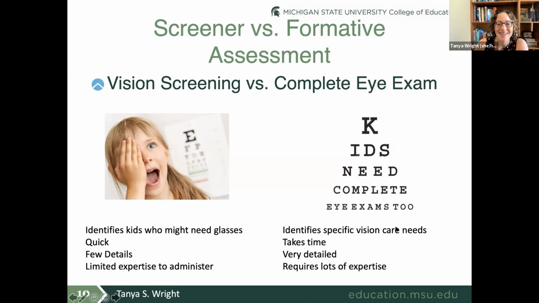So the analogy here is a much more detailed eye exam, right? The screener is the one that the kids do at the beginning of school, where they look in that machine and then they get a note home that says, go and get a more detailed eye exam. What we need teachers to be doing is the more detailed eye exam, actually understanding where kids are in their learning.